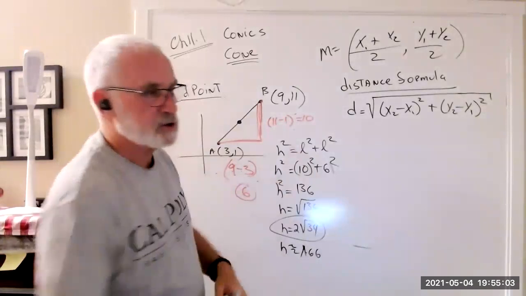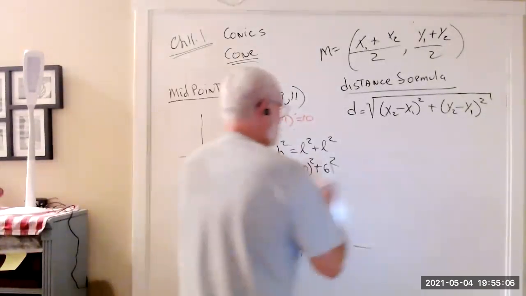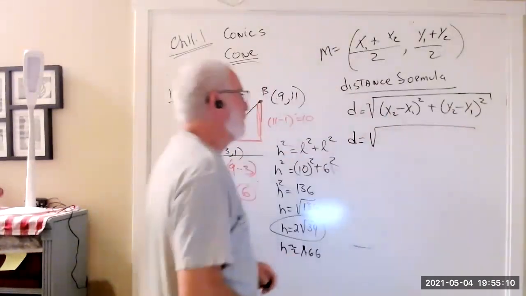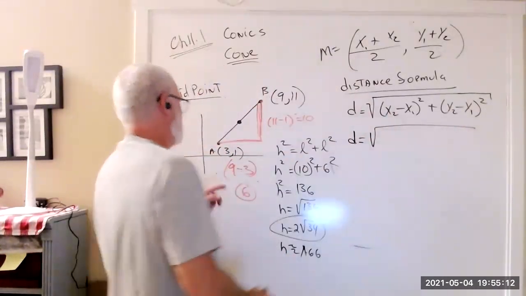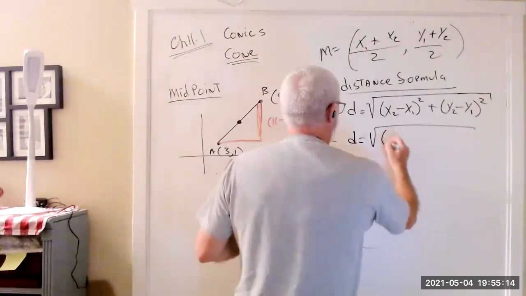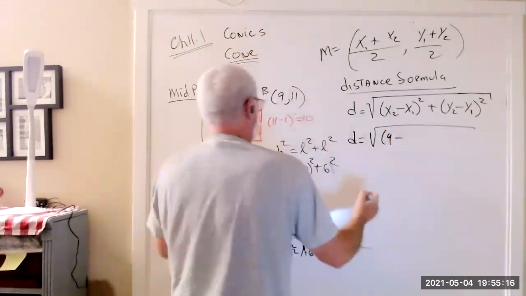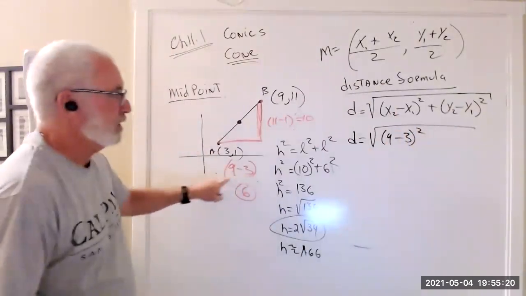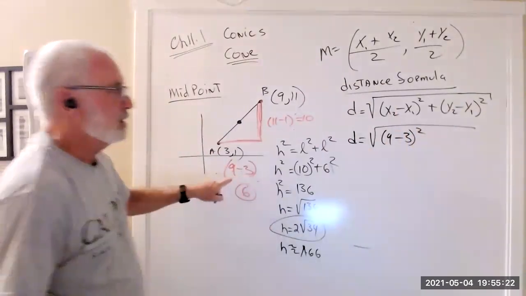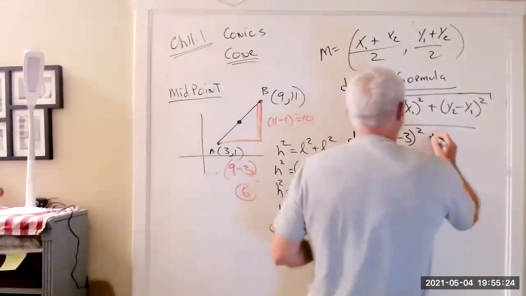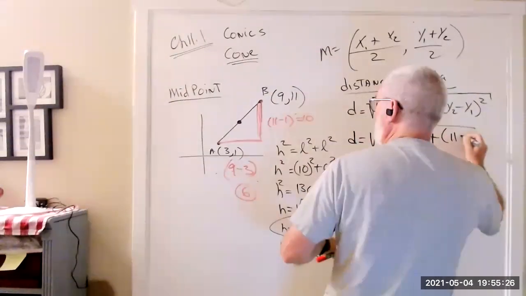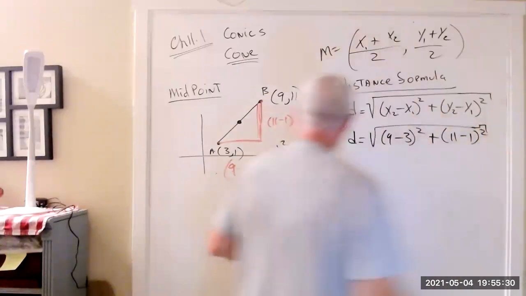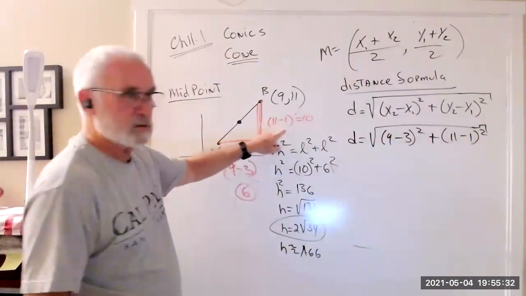And then I'll show you where the distance formula came from. So we have d equals the big giant square root. The second x, 9, minus the first x, 3, quantity squared. Check it out, 9 minus 3, plus the second y, 11, minus first y, 1, quantity squared. Check it out, 11 minus 1.